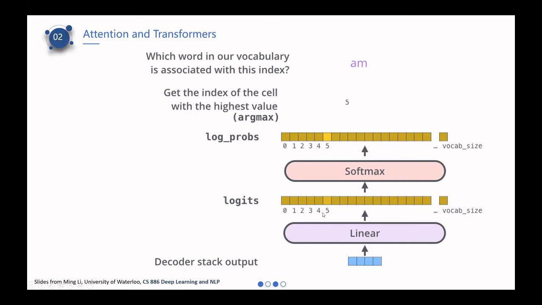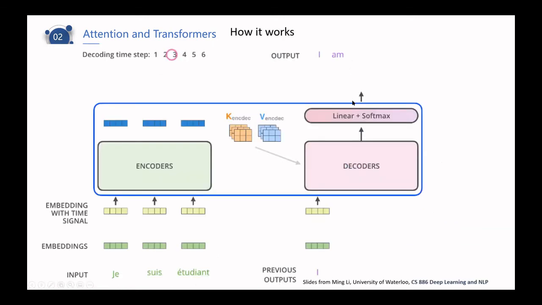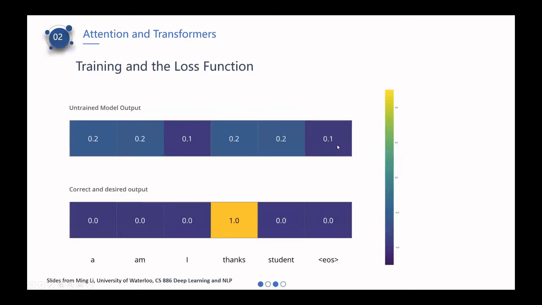We'll get numbers, and we'll do the softmax, which normalizes them into probabilities, and we'll find out that the word happened to be this 5, which is M. Then, again, recap: French, embedding, position encoding, encoder, key value, and here comes the previous output, because we are saying I M, so we already have I output from here that goes into the decoder, then linear and softmax.